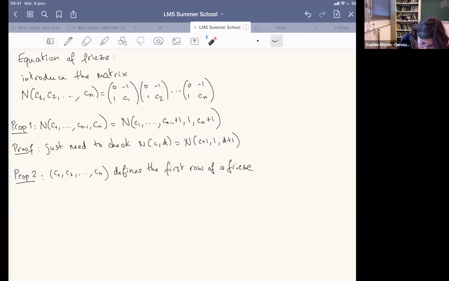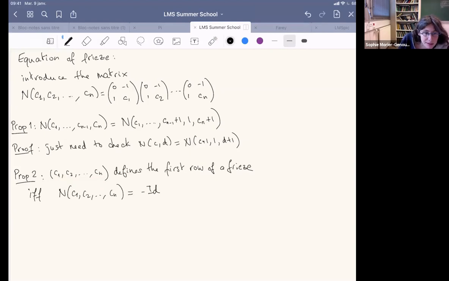So these tuples of positive integers define the first row of a frieze if and only if the matrix N of C1, C2, Cn is minus identity.